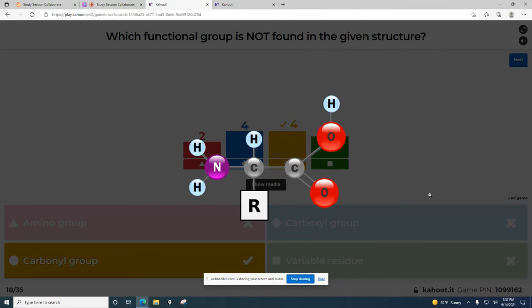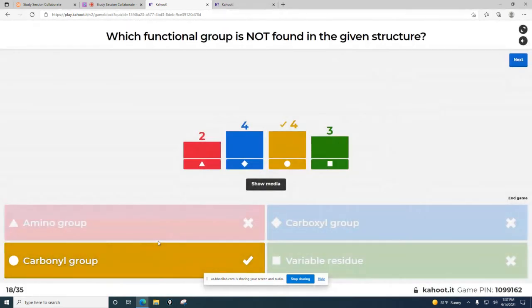How I remember that is an OH group is a hydroxyl, and this is basically carbo, so carboxyl, put them together. And this one right here is our variable residue or our R group. The only one that we don't have here is our carbonyl, because that's seen with carbohydrates. And this is an amino acid that makes up a protein.